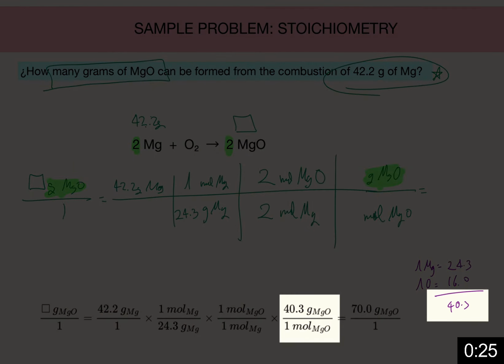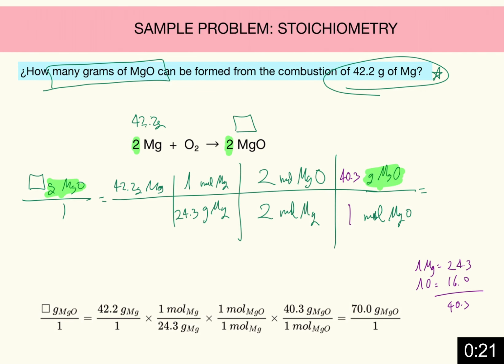So I know there's 40.3 grams for every 1 mole. I now have a number, all my conversion factors. Put that in my calculator and wind up with 70.0 grams of mag oxide. And there's my answer. And there it is, cleaned up a bit. Congratulations. You've just completed a crash course in stoichiometry calculations.